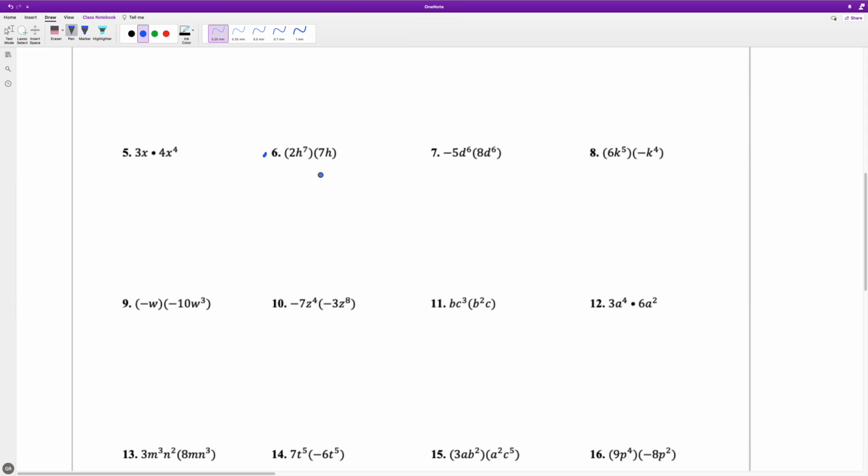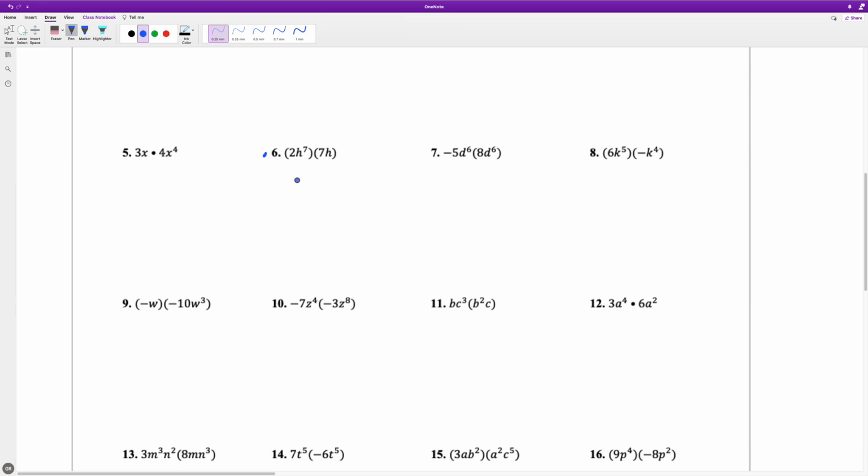So in order for us to start simplifying this expression, remember in class I used that keyword discriminate. We're going to separate all of our coefficients, aka our numbers, and put them together, and then we're going to separate all of our variables, in this situation the h's, and multiply them together.